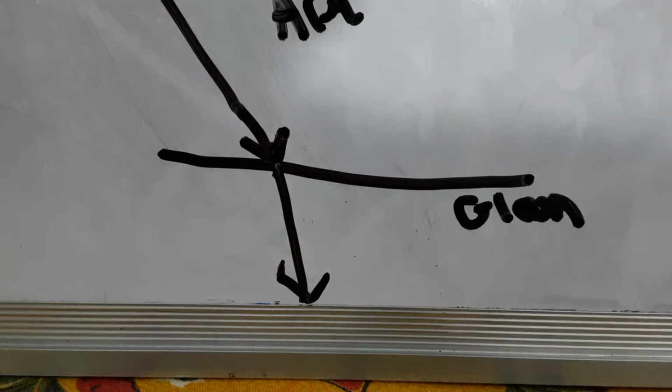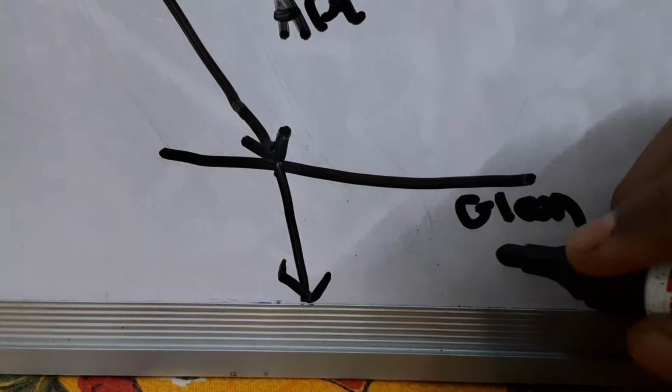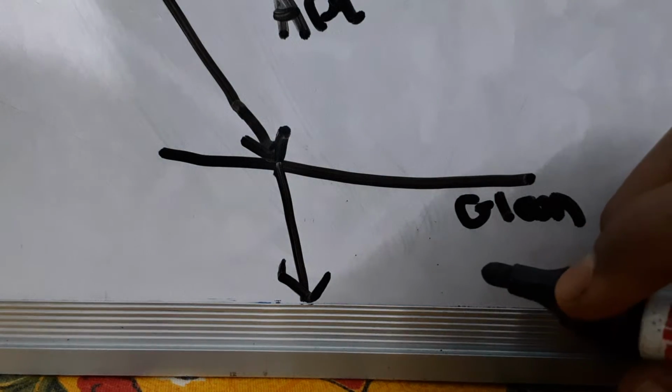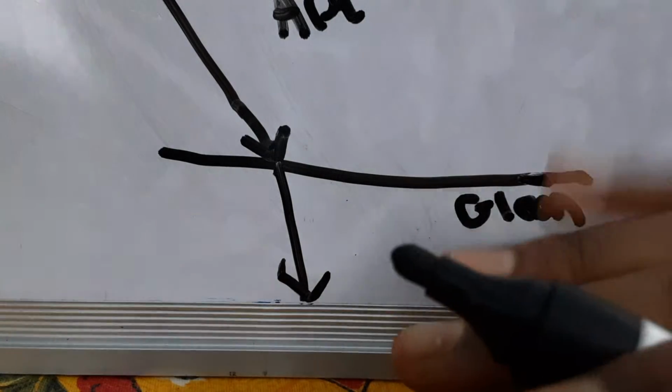Now you need to understand one very important term here, that is optically denser. What does optically denser mean? This word is related to light. As we know, the light is slowing down as it enters the glass. So this medium is known as the optically denser medium, because the light is slowing down as it enters the glass.